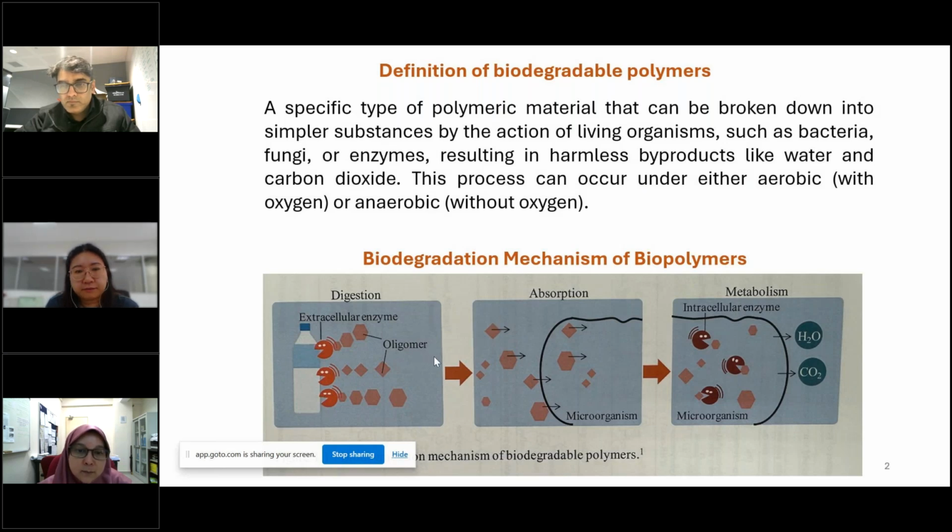This oligomer will then be absorbed into the microbes and metabolized by the intracellular enzyme to produce water and carbon dioxide. This is the general concept of the biodegradation mechanism of polymers.